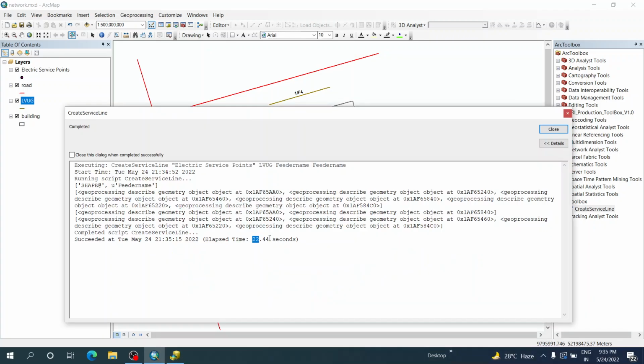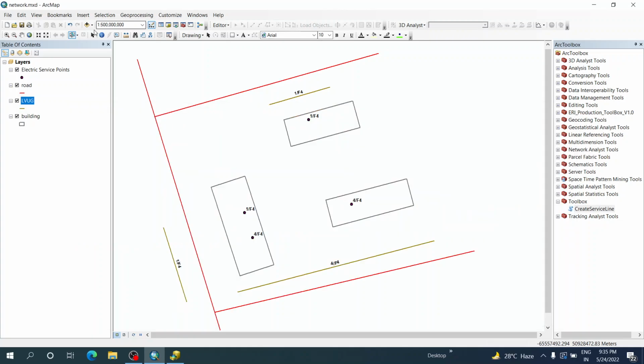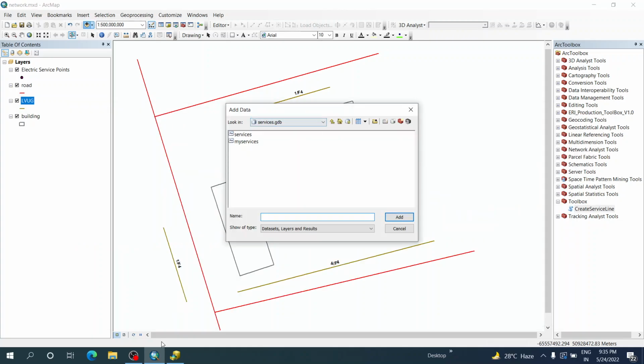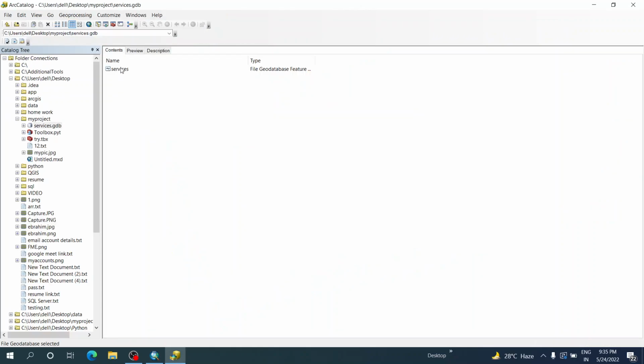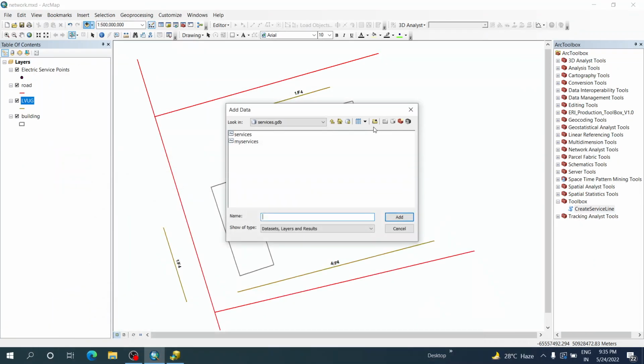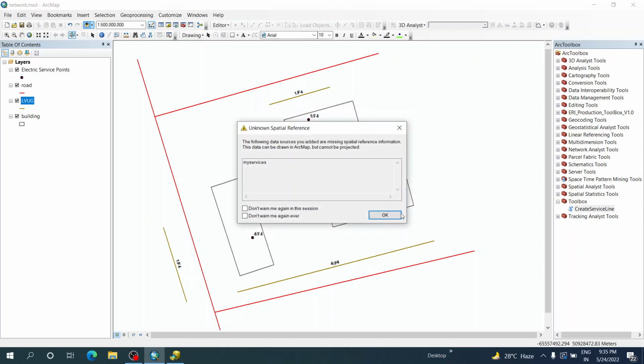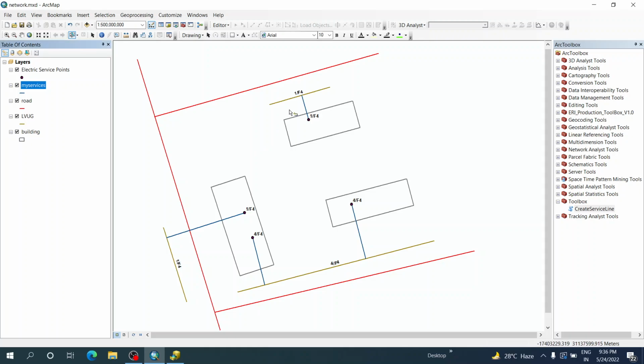Even that is very little time compared to the time you will consume while drawing the network manually, 22 seconds. So now I will add the layer, as I told you that I am saving in this services GDB. So this is services GDB and I named my services. So this is my services. I will load it and you will see.